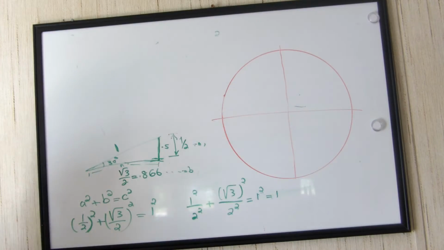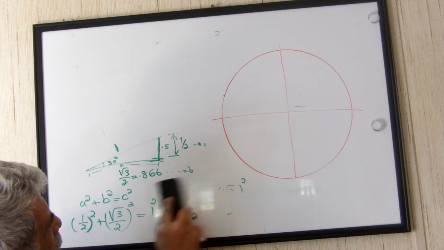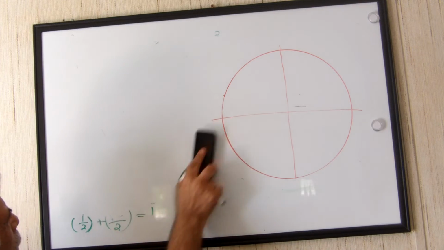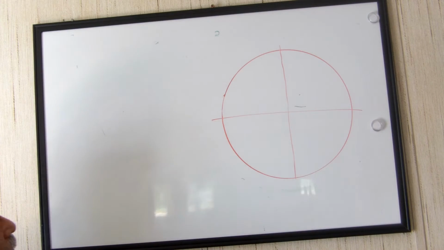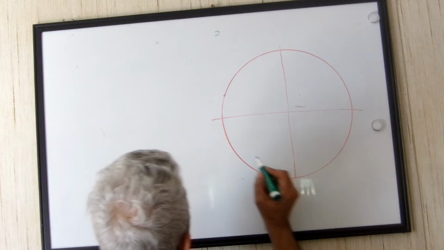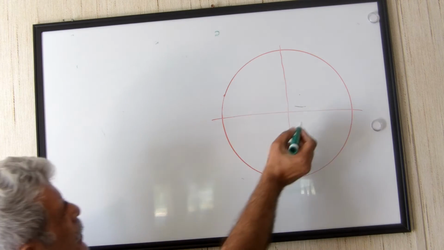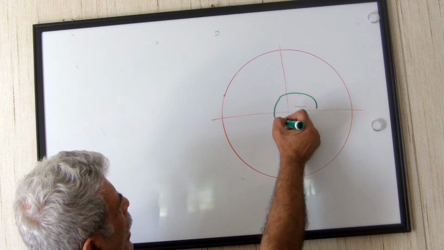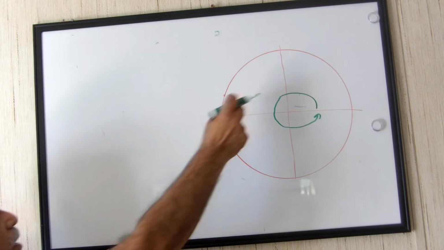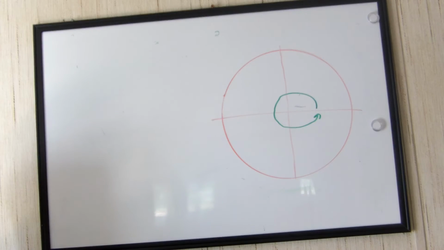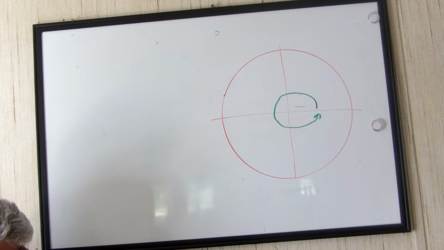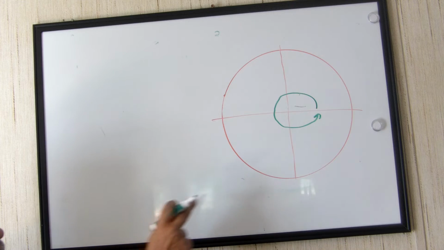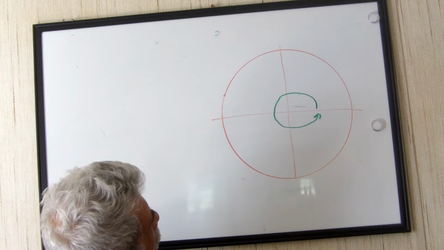What we are going to talk about next is the degree going this way. We are going to draw different angles on this one.